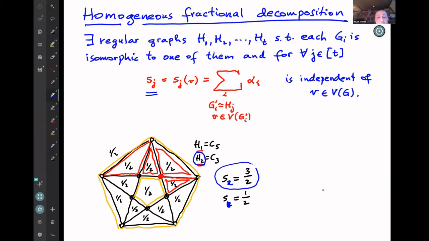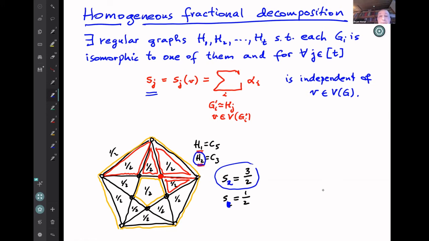Is this clear from the example at least? So what we want is, in the weighted sense, for each vertex, the sum of the weights of the first type of graphs is the same, and of the second type is the same.